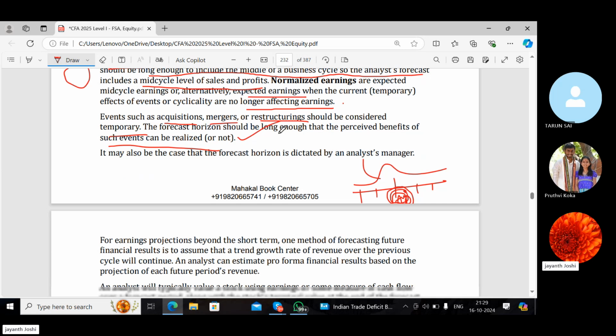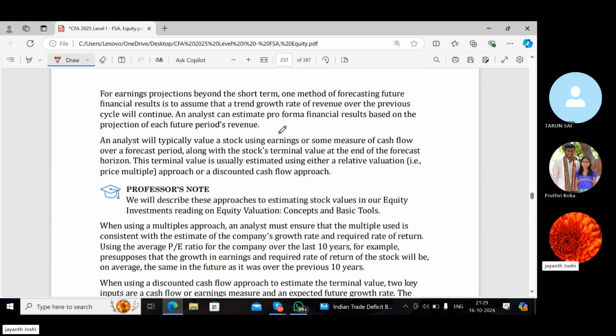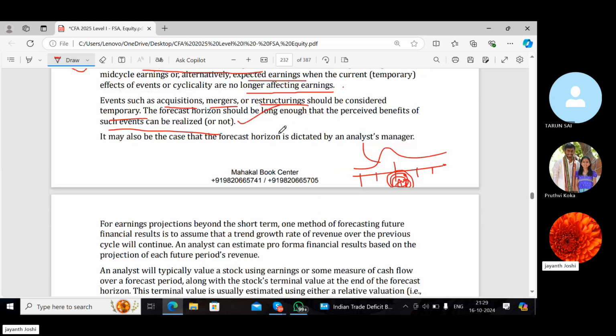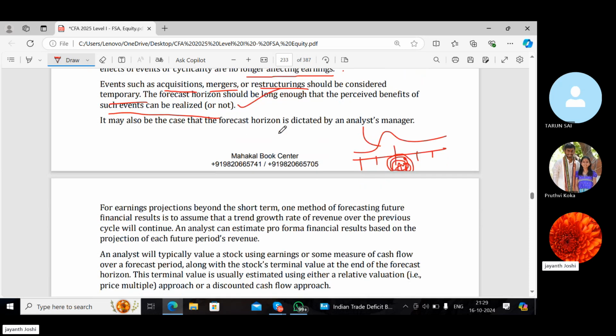So all in all, what they are saying is, don't go for a short-term forecast, go for a long-term one only. Study the company's cycle, and take a horizon of some 5 to 10 years to study the company's profile properly. That means you will not be missing some data.